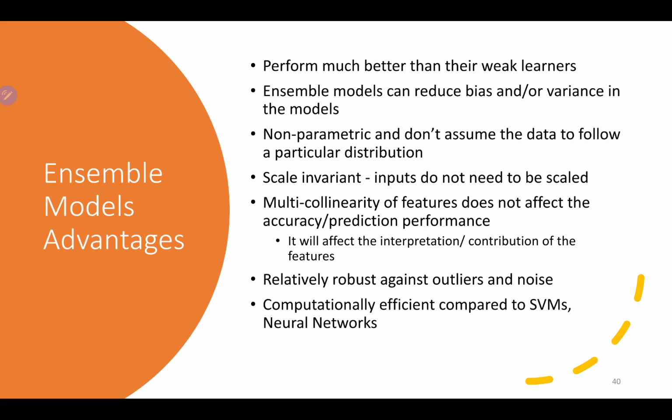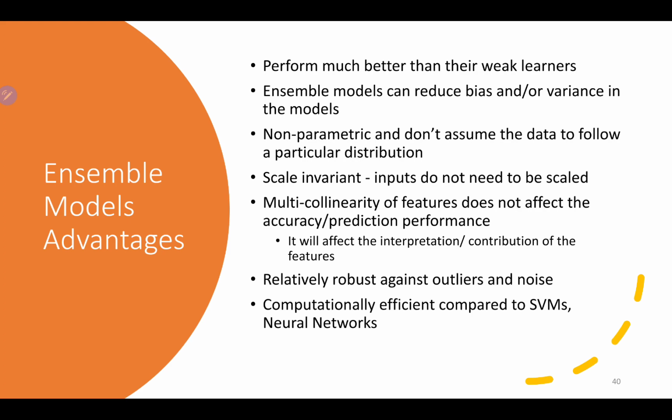With the features, there might be issues with the features being highly correlated with each other, what we refer to as multicollinearity. That's all right, as long as we are mostly concerned with the performance of the model rather than the interpretation of the model. Meaning, if you want to define the variable importance, like understand which variables are contributing more to the solution and those kinds of things, then that can be a problem.